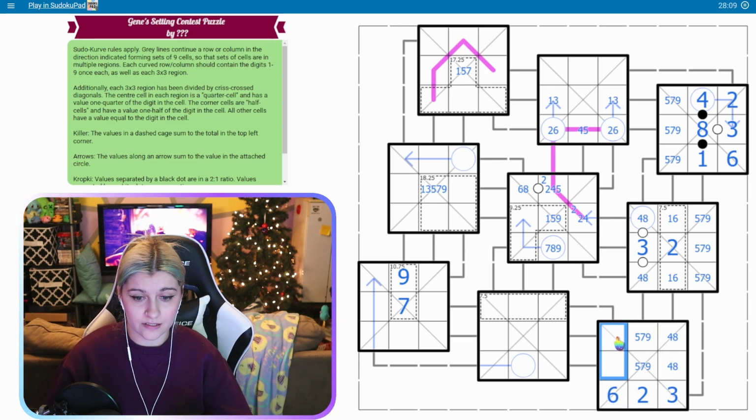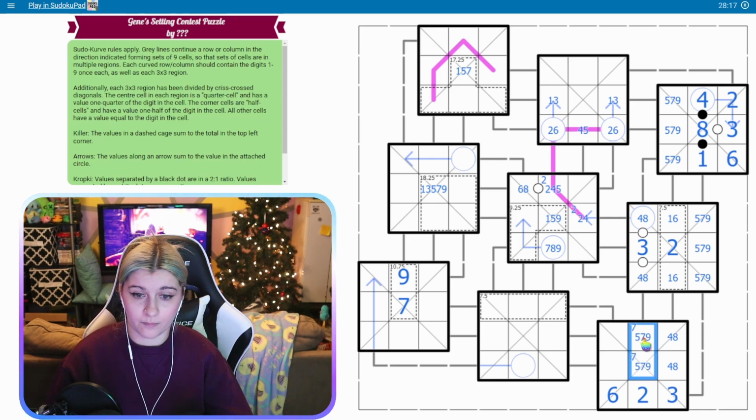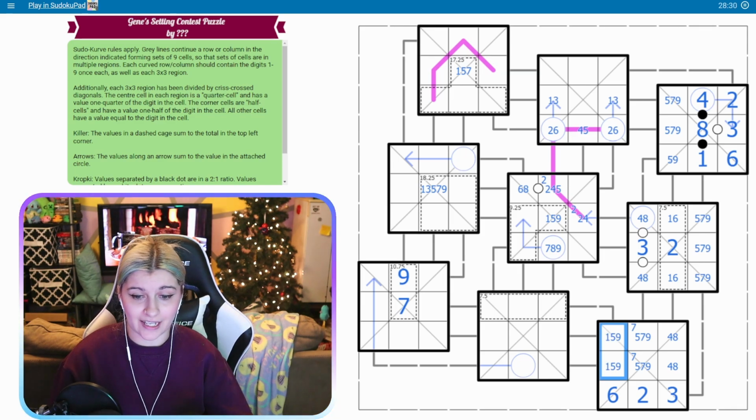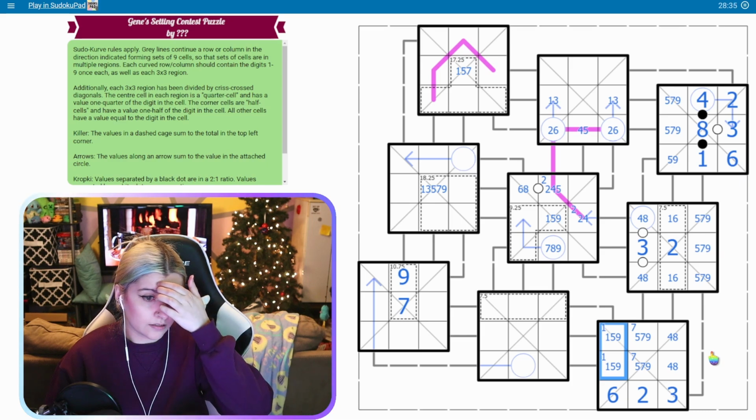What is this? This doesn't see anything. This sees a 7. This can't be a 7. So one of these is definitely a 7, meaning this is not a 7. This region still needs a 1, 2, 3, 4, 5, 6, 7, 9. But definitely a 1 will go here. Okay.